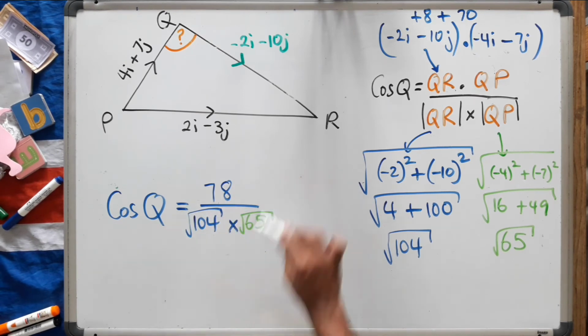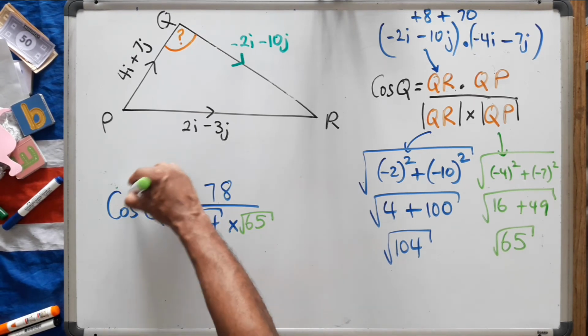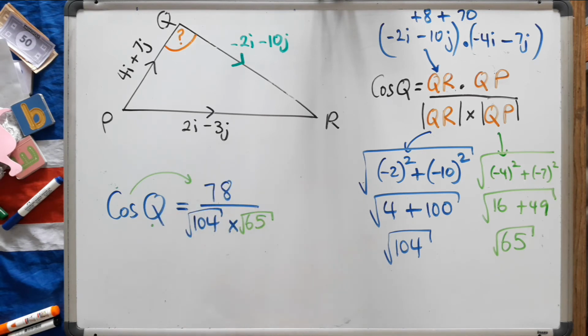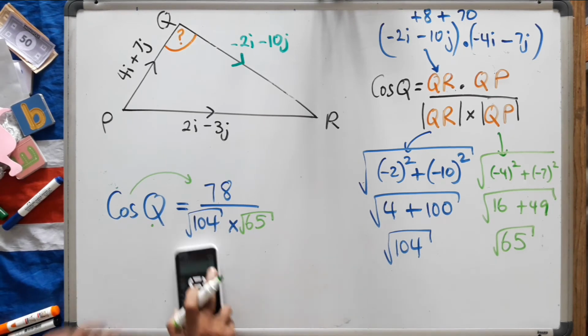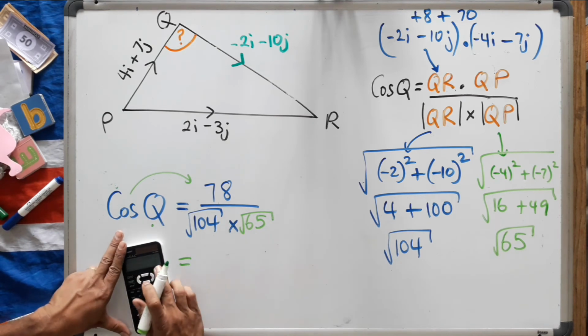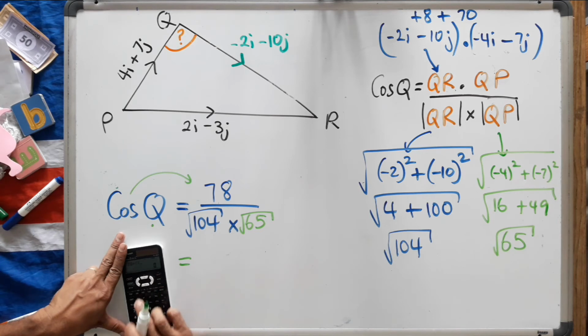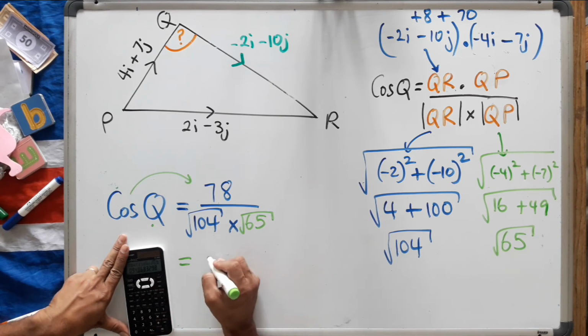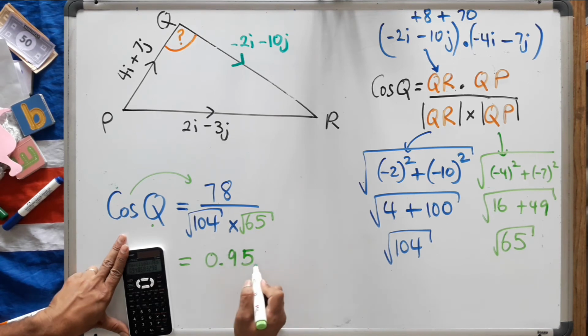We just have to work this out on our calculator and cos inverse the answer, because to find Q we have to throw across the cosine. So let's see what we get here. 78 divided by the square root of 104 multiplied by the square root of 65. I got 0.95 when we round it off to 2 decimal places.